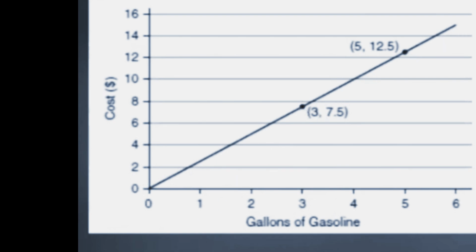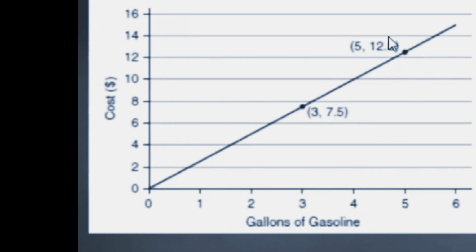Let's say our line represents a journey that they're taking, okay? At this point in their journey, as they're traveling, right here, they bought 3 gallons of gas for $7.50. And we found that by just moving along or by matching this particular point with the corresponding spot on the y-axis, which happens to be 7.5.